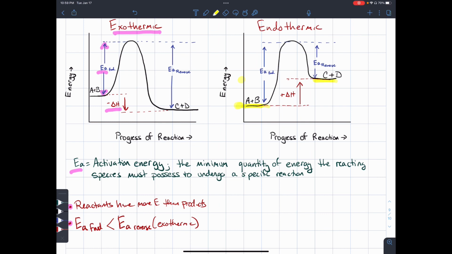We can still see those same features from the previous graph. This time we have a positive delta H because positive means the change in energy required an input, endo for in. And we can also see the activation energy for the forward reaction and the reverse reaction labeled here.